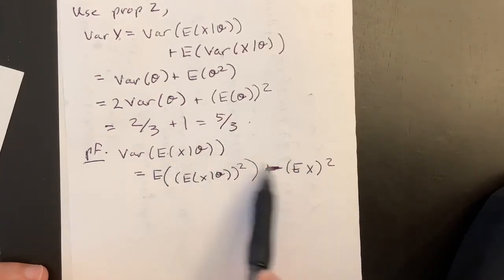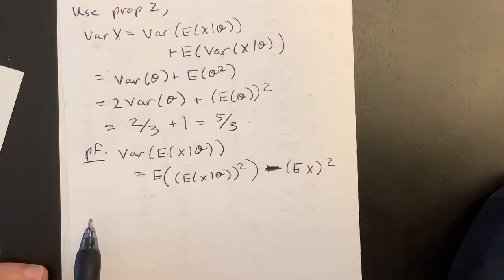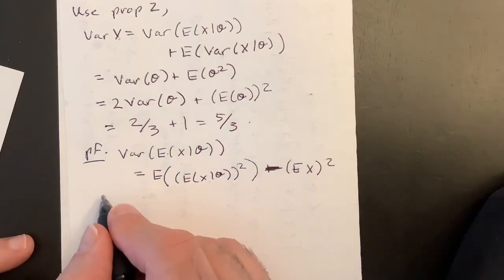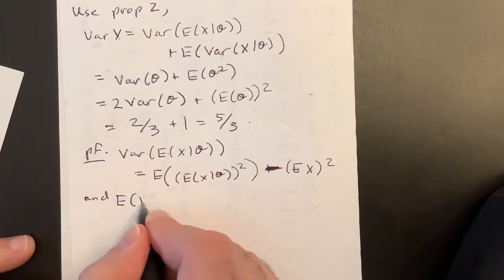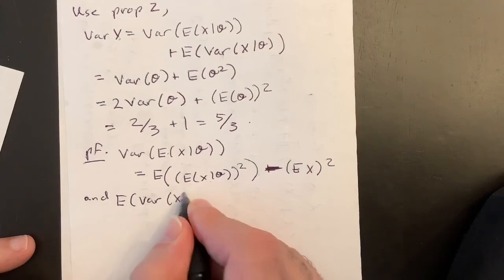So e of this is just e of x from property 1, all squared. So that's that one. And for the other one, we have e of variance of x given theta.